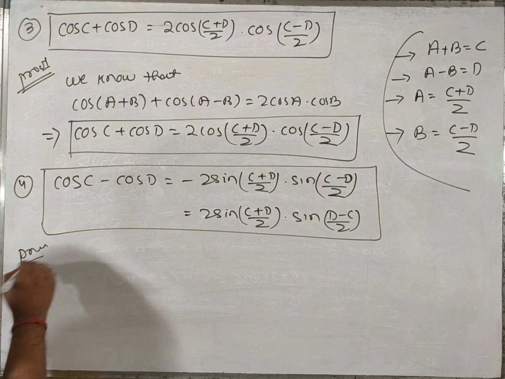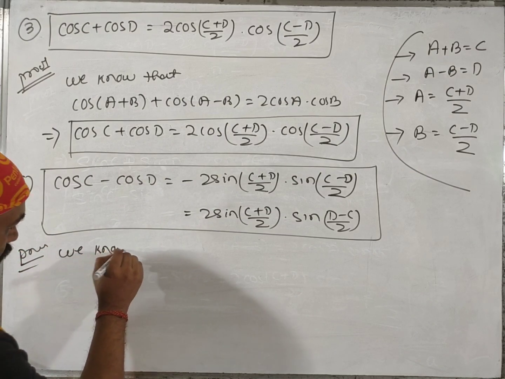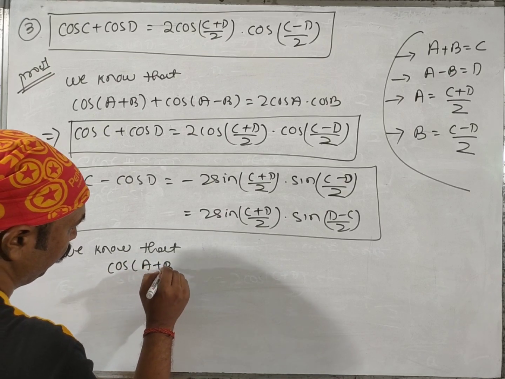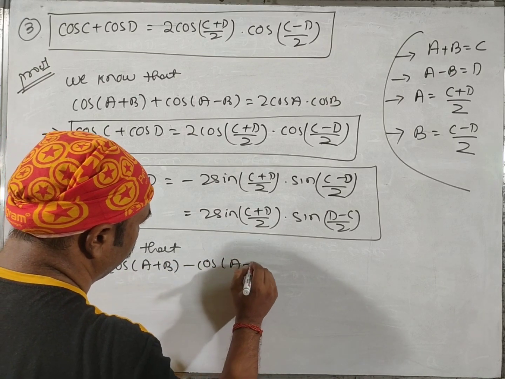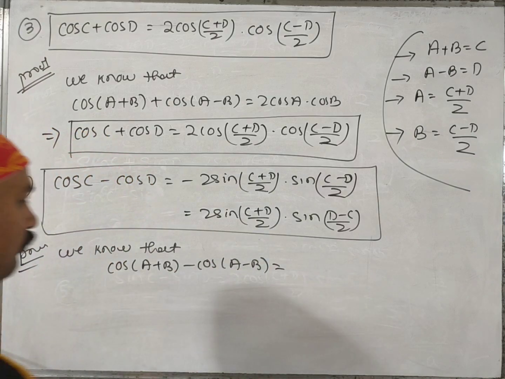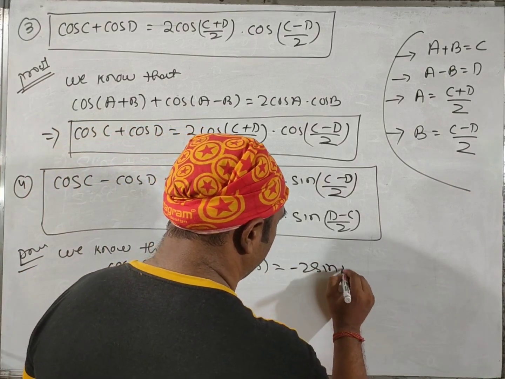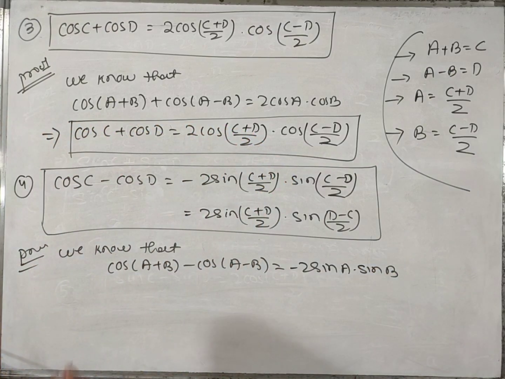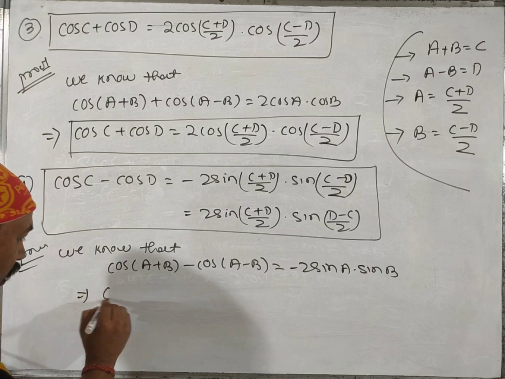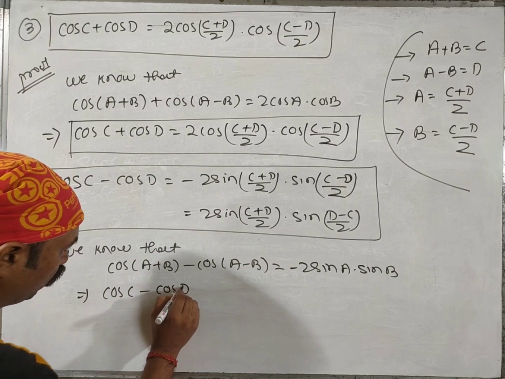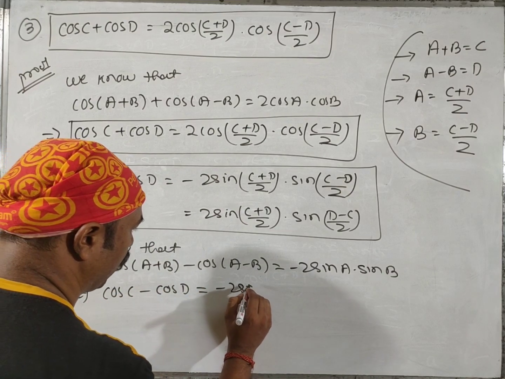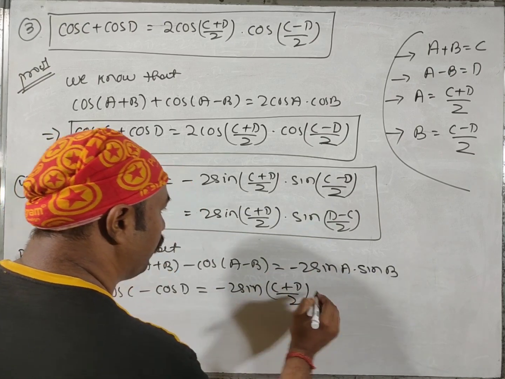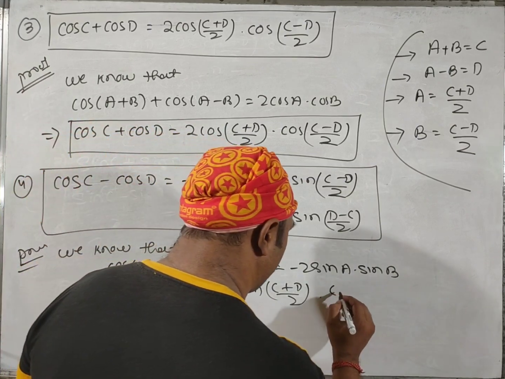Proof. We know that cos(A plus B) minus cos(A minus B) is minus 2 sin A into sin B. Then again, by putting these four values here, cos C minus cos D will be minus 2 sin. In place of A we have to put (C plus D)/2, in place of B we have to put (C minus D)/2.